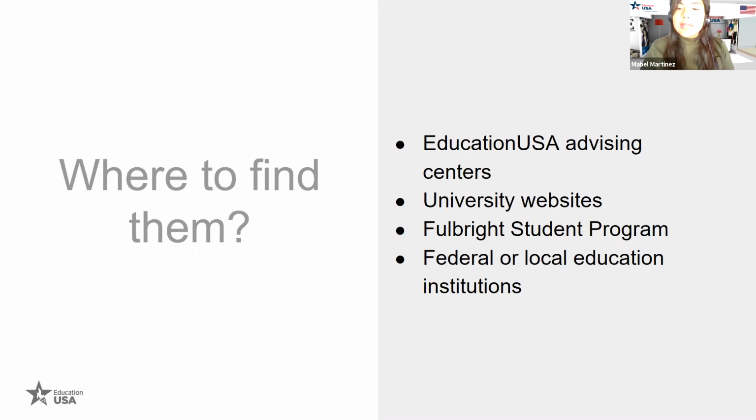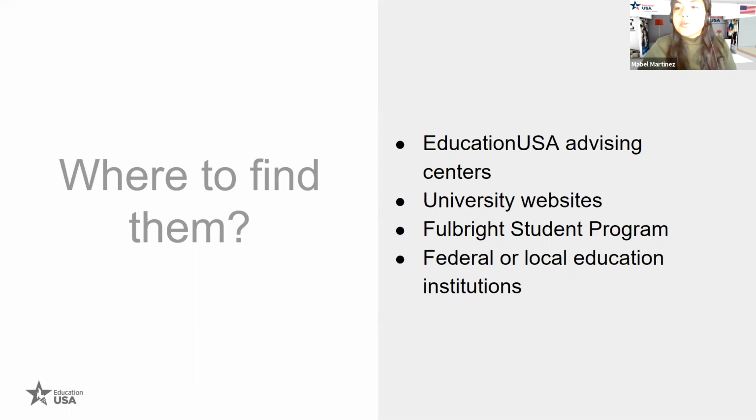And where you can find this, again, my best advice is that you approach or contact your Education USA Advising Center, the nearest to you, because usually the loans and the scholarships are different depending on where you are from, your age.